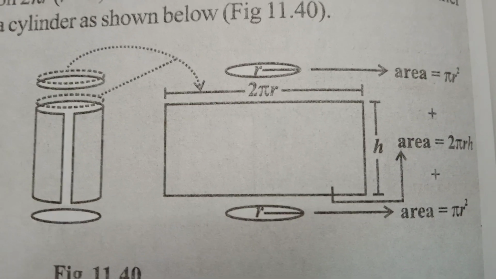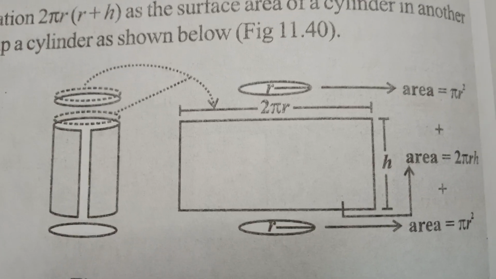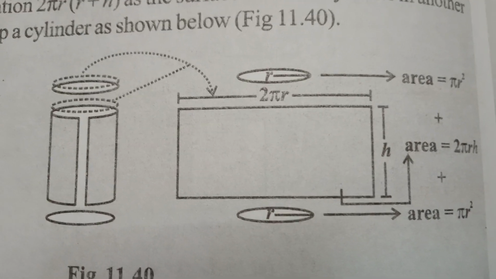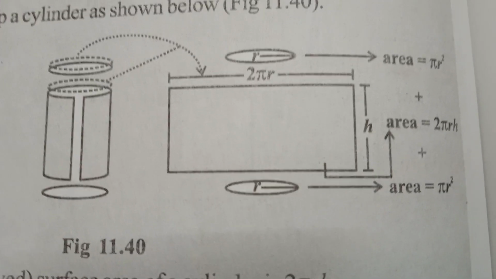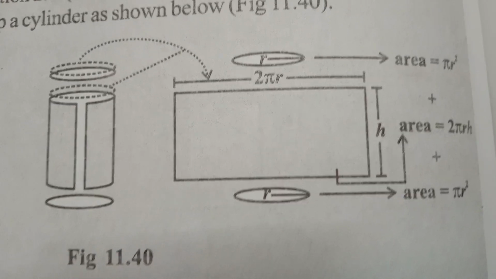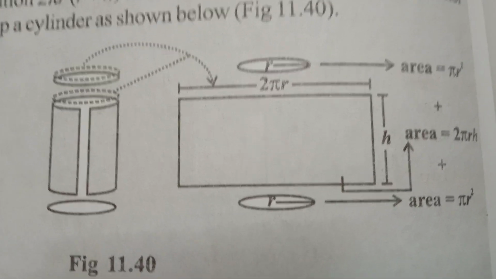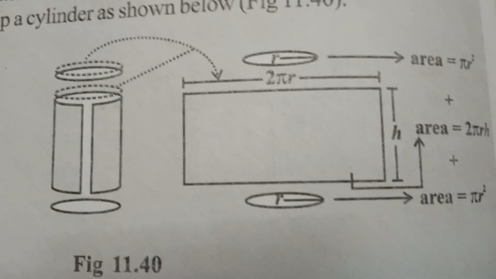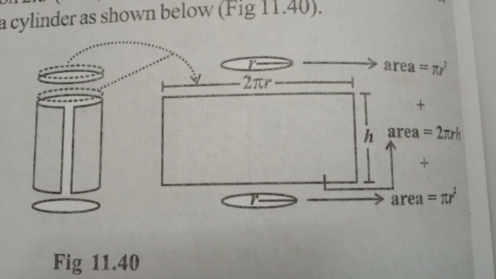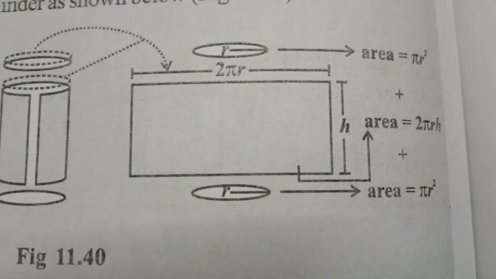On the top you have a circular base, whose area is pi r square. Down below you also have one more circular base. Top and bottom are circular bases. So the area of each circular base is pi r square, and the circumference of the circle becomes the length of the rectangle, which is 2 pi r, and H is the height of the rectangle, which became the breadth.